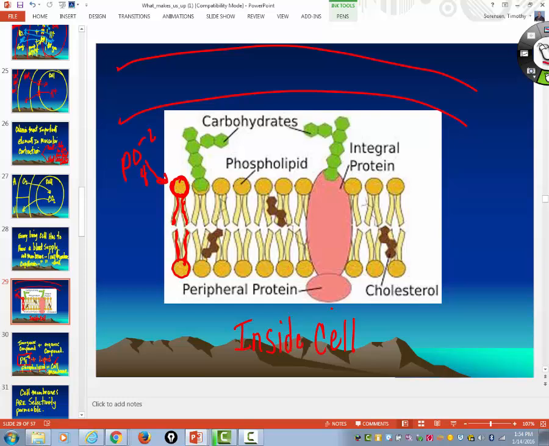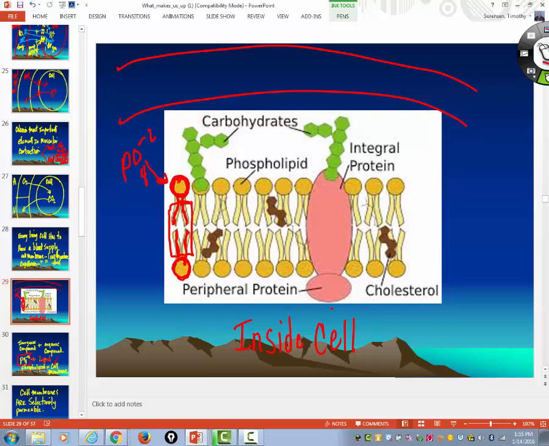You sandwich this phospholipid. So you have the inner portion, which is fat or water-hating, hydrophobic, and then you have the phosphate heads that like water. So this sets up a barrier to protect the stuff that's inside the cell from the stuff that is outside the cell.